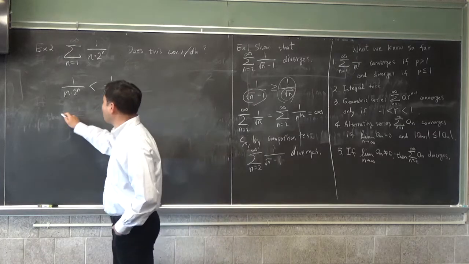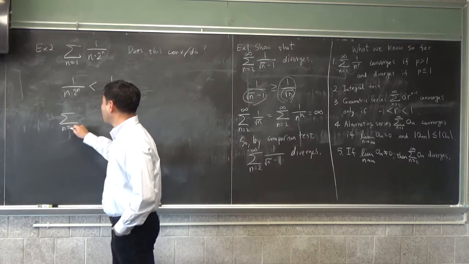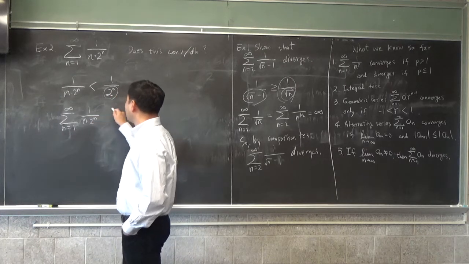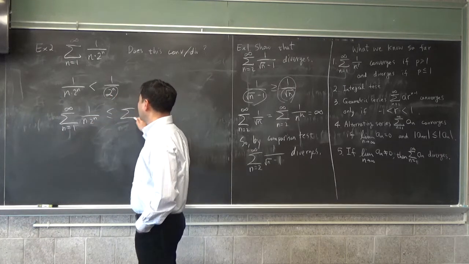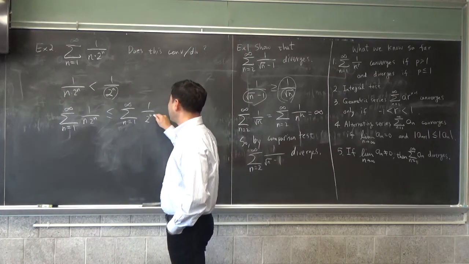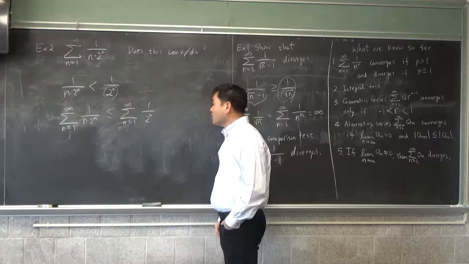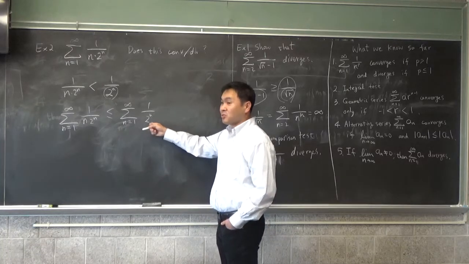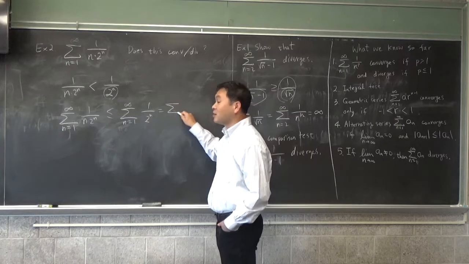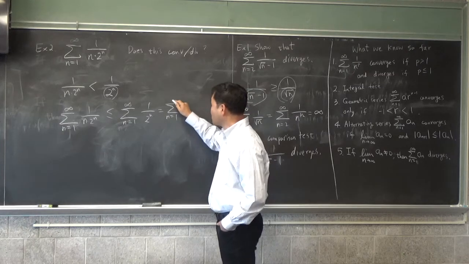So we go back here. If this is true, then we know that the summation of n from 1 through infinity of 1 over n times 2 to the n is less or equal to the summation from 1 through infinity of 1 over 2 to the n. And now the question is, does this converge? What type of series is this? No, it's not a p-series.